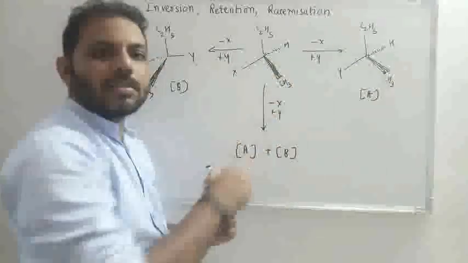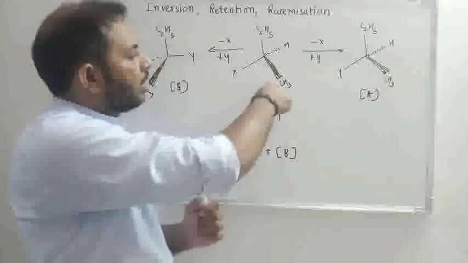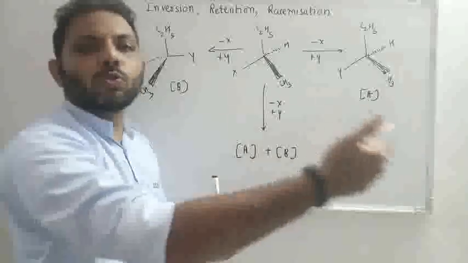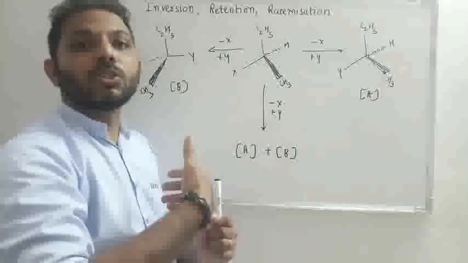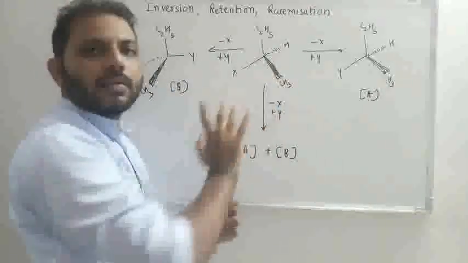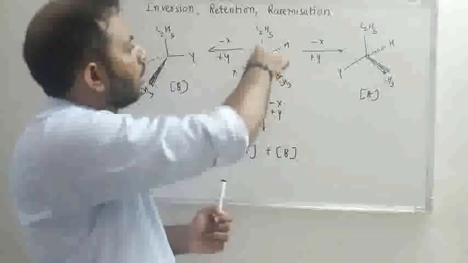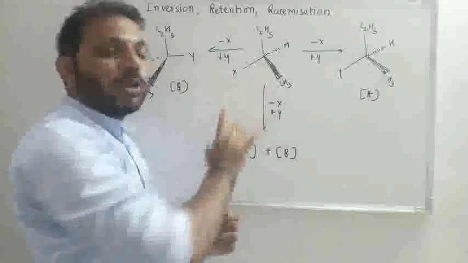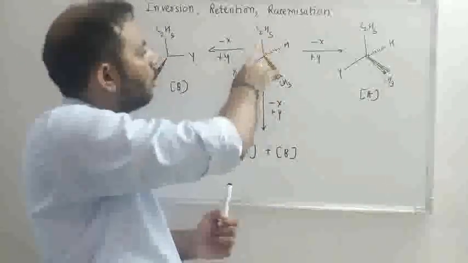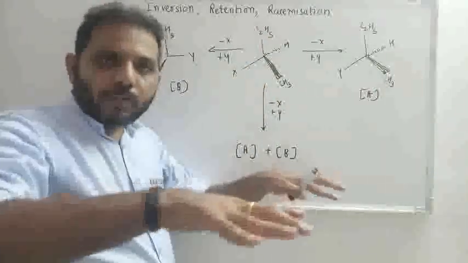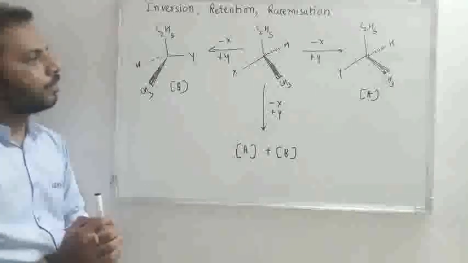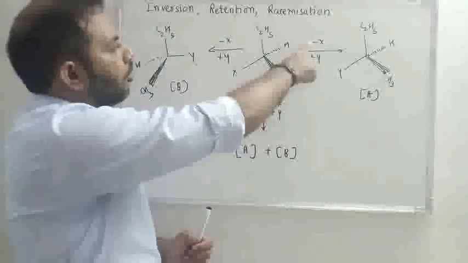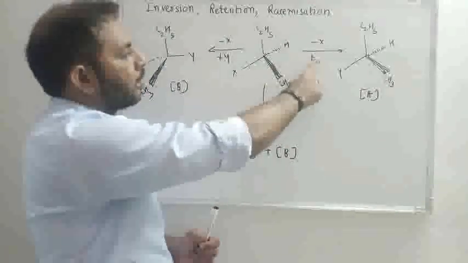If a solid line is there, it means this atom or molecule is towards the observer, right? The person who is observing, the molecule is near that person only. This dash line indicates these atoms or functional groups are in one plane only. Now, here substitution of X has taken place by Y.